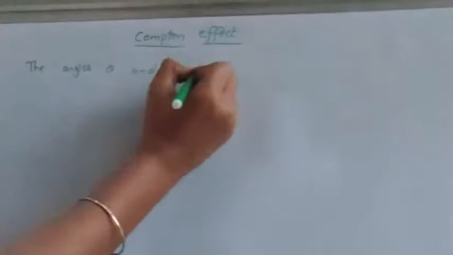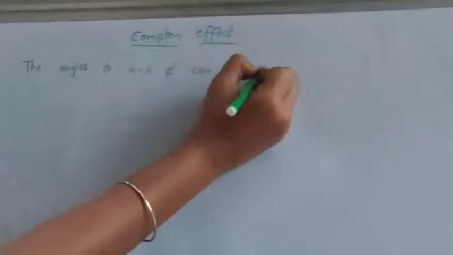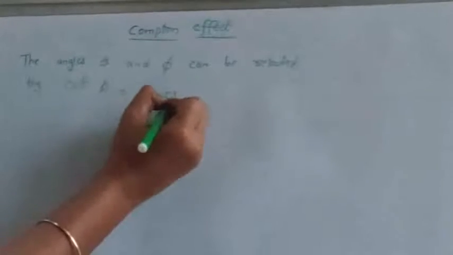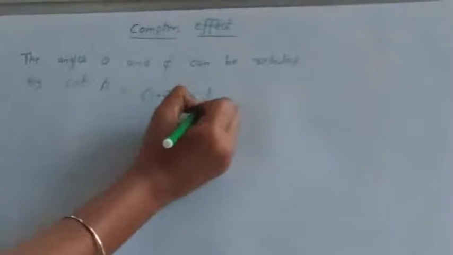So now we are going to relate theta and angle phi. The angles theta and phi, you know what theta and what phi are, can be related by the expression cot phi equal to (1 plus epsilon) into tan half theta.